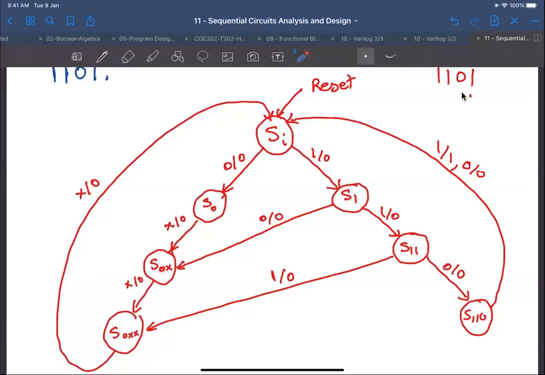Here, for example, it's 4. Here, it's 4. And here, it's 4. You see that? So no matter what you take, it's always going to be 4 hops. Any question here? All right. No questions.